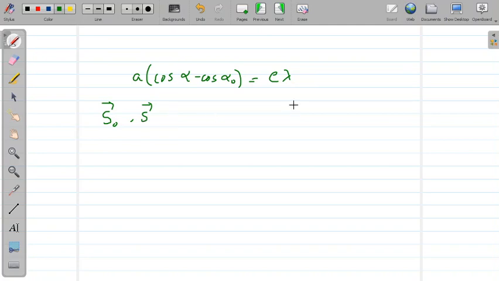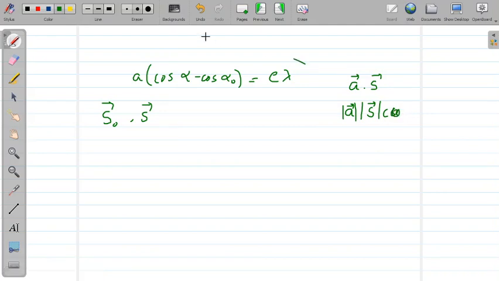So what is a bar dot S bar? If a bar is the vector corresponding to the lattice parameter, then a bar dot S0 bar is the magnitude of vector a, which is a, into the magnitude of vector S0, which is 1 because it is a unit vector, into the cosine of the angle between them. The angle between them is alpha 0.